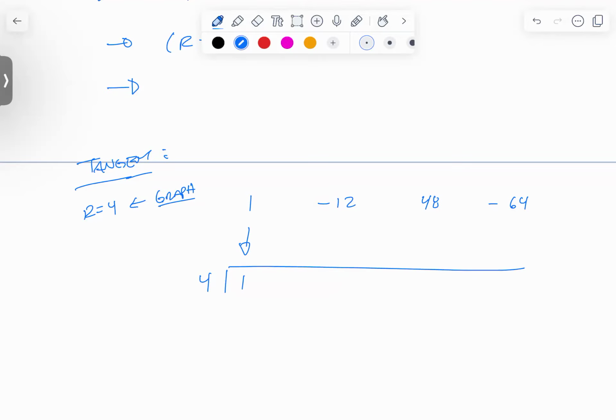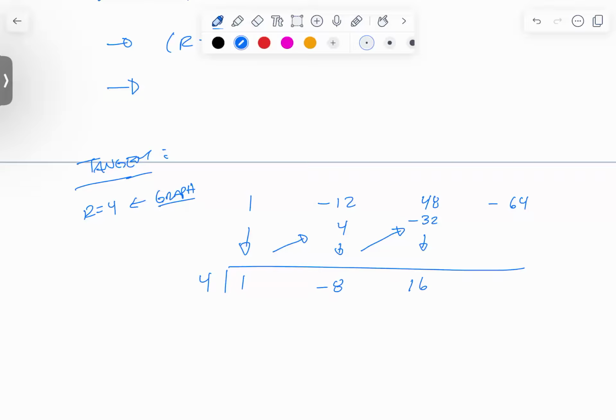So 4 times 1 is 4. Do it again. Negative 12 plus 4 is negative 8. It's add and subtract up and down, and crisscross applesauce as the multiplication. Then multiply, and now we have negative 32.